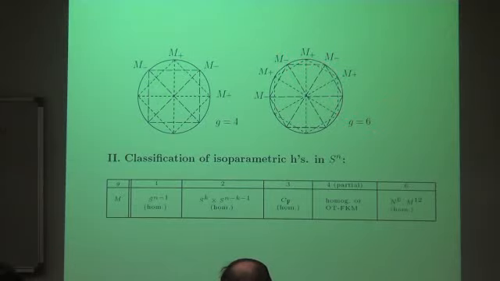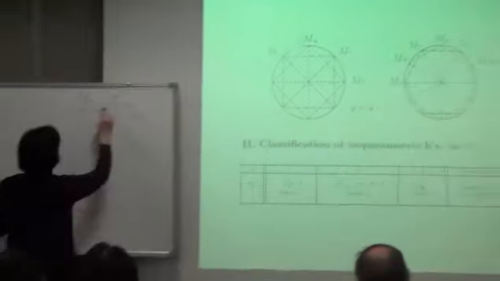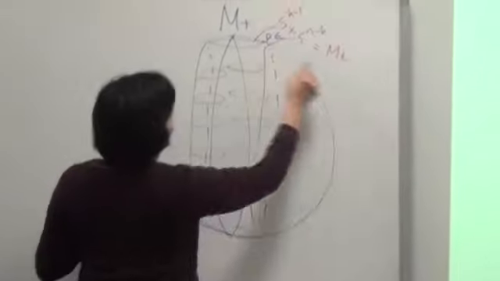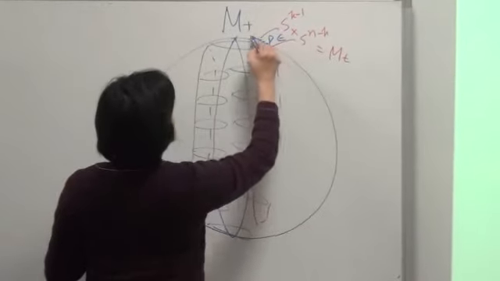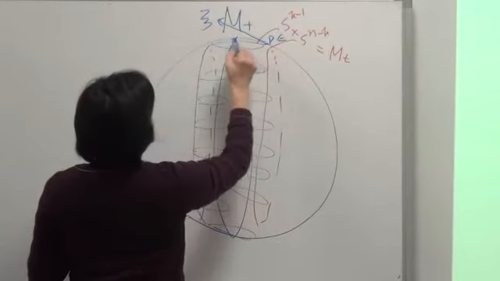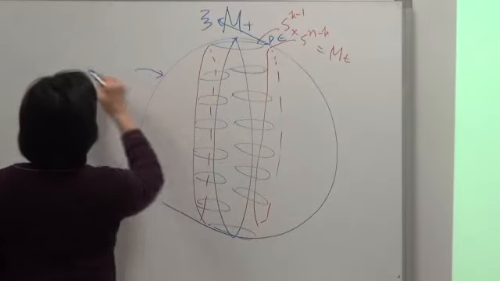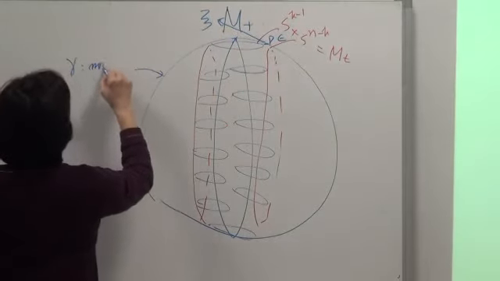And this circle means the normal geodesic. If we have here a point of an isoparametric hypersurface, then this is the normal direction. And so this circle means normal geodesic.